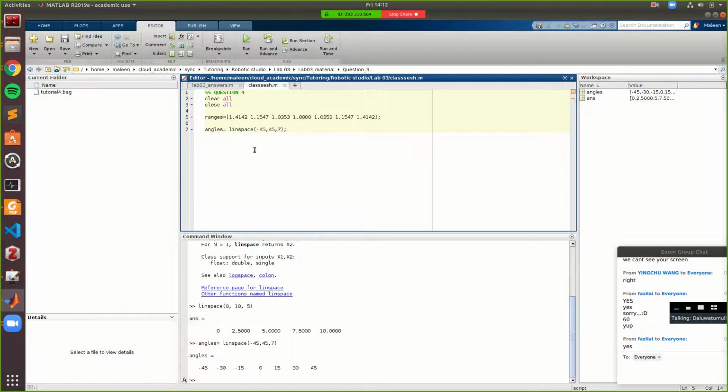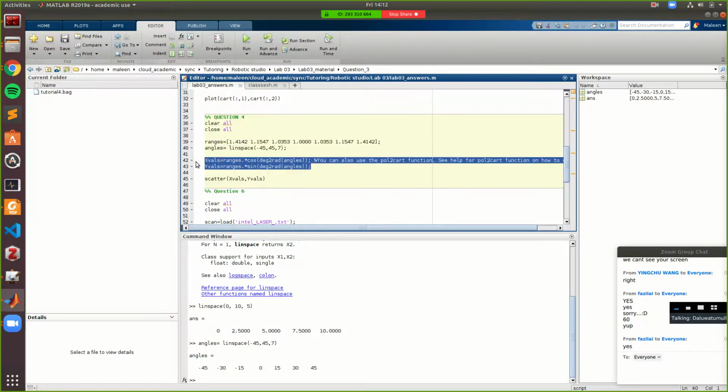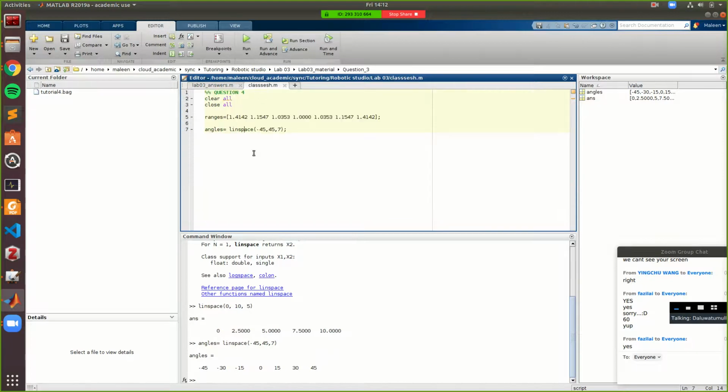So if we want to plot it, we need to convert these ranges and angles into Cartesian coordinates. I'm going to do that using this easy to understand function. I'm taking these ranges and multiplying them.